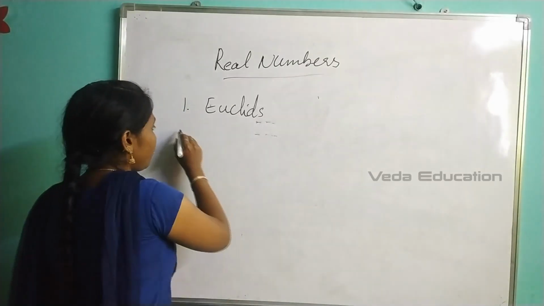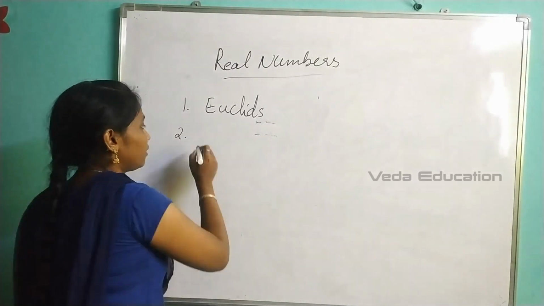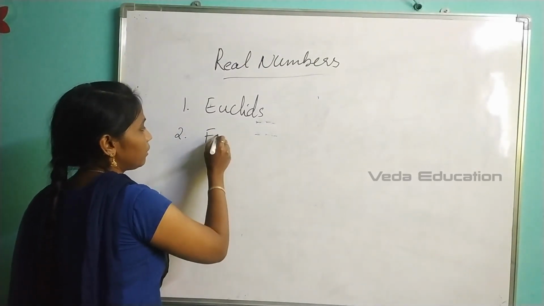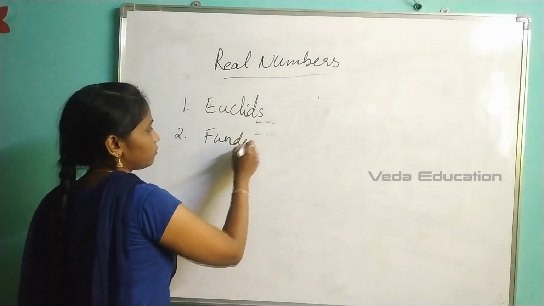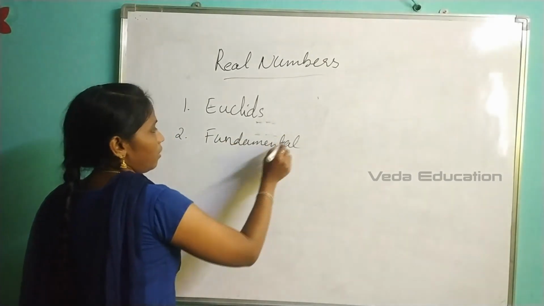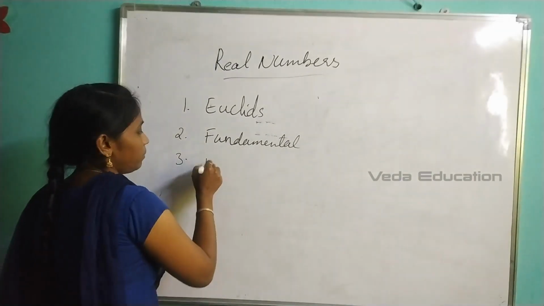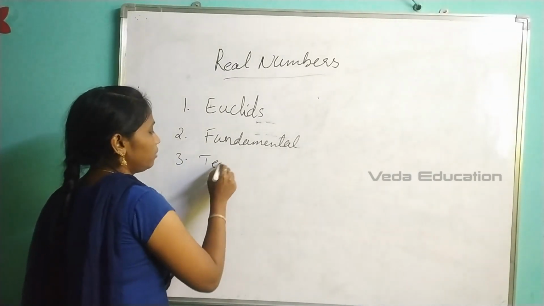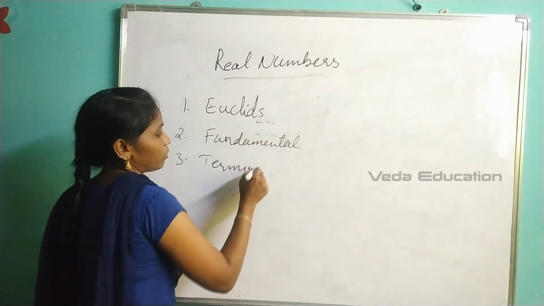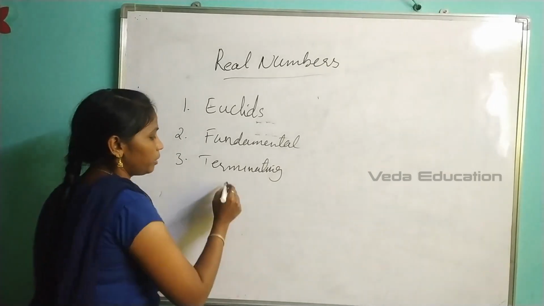Euclid's division lemma, and the second topic is based on the fundamental theorem, terminating and non-terminating decimals. Based on the fundamental theorem we will have Exercise 2.